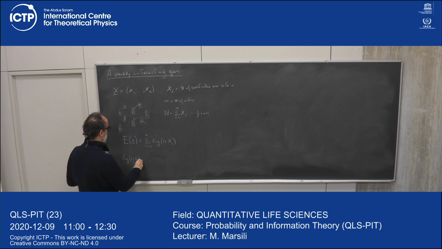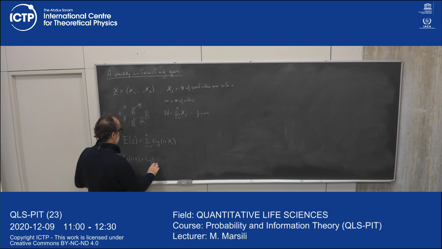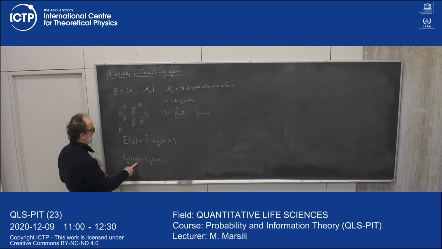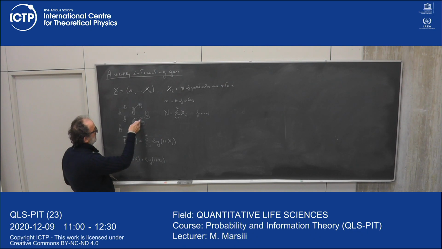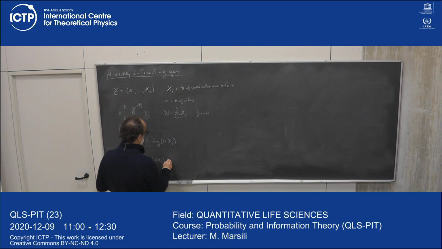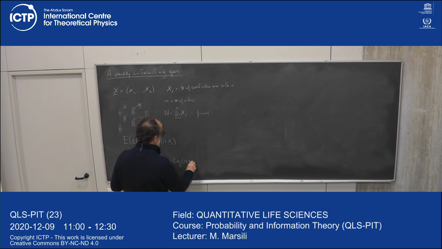If I compare the energy of the system where site i contains x_i particles and site j contains x_j particles, and I now move all the particles on site j to site i, then the energy will become the logarithm of 1 plus x_i plus x_j.